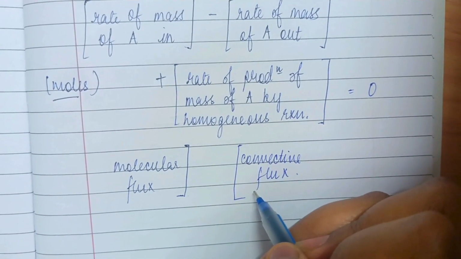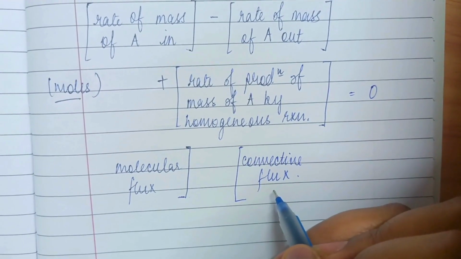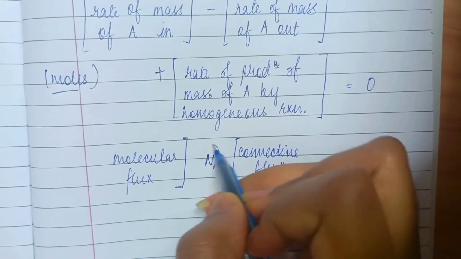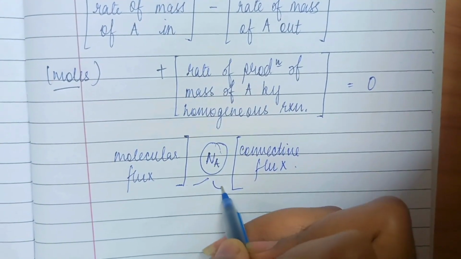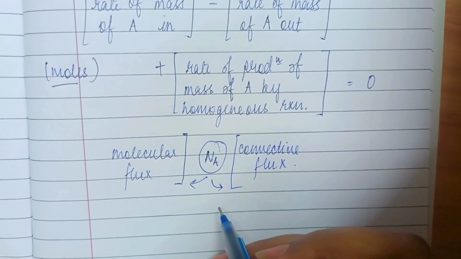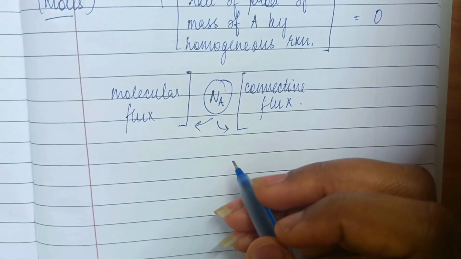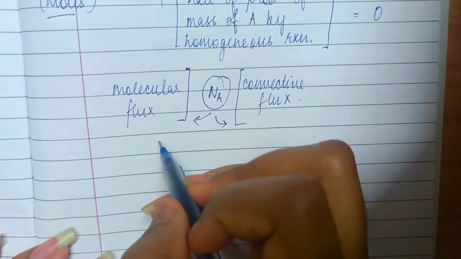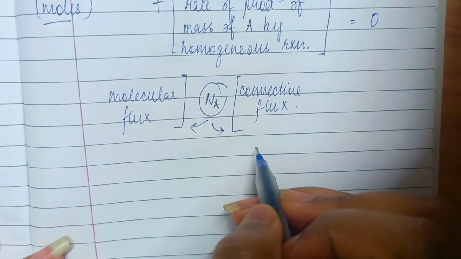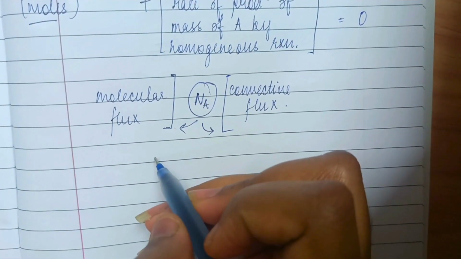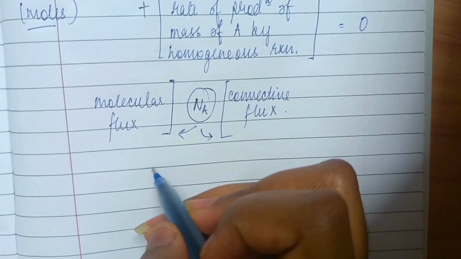So both of these are included in NA. Also, in addition, the species A may be produced or consumed due to the homogeneous chemical reaction.